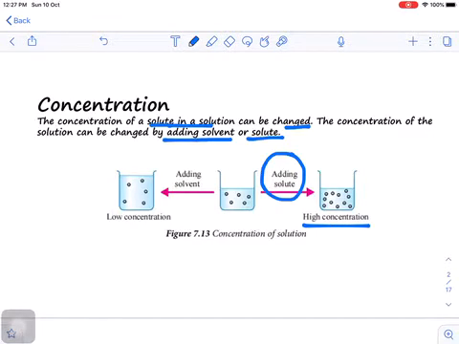But if we add solvent, it becomes low concentration. Contoh kita buat air sirap, kita tambah lebih banyak air, so dia akan jadi lebih cair, kepekatan dia rendah. Kalau kita tambah lebih pati sirap, gula, so dia akan jadi pekat.